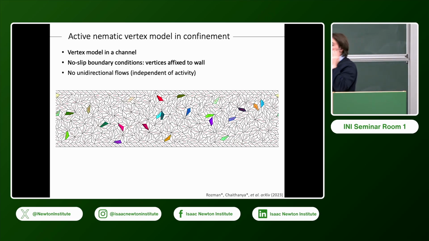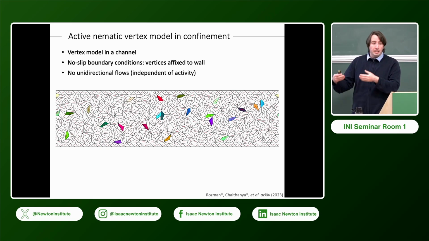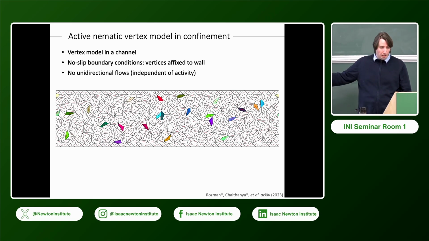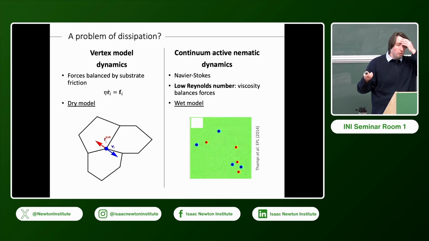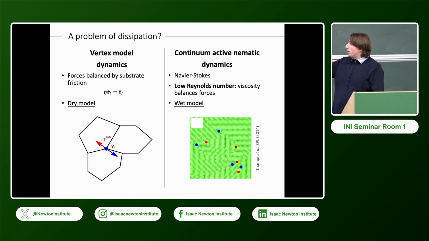So we were a bit confused by this because this is a pretty good way to implement active nematics at the cell level, and active nematics really should be able to flow down the channel. So we started thinking, when you're doing vertex models, pretty much universally, the equation of motion you assume is this, that the force is proportional to the velocity. This is a dry model.